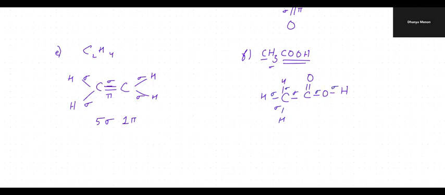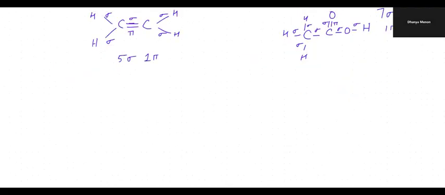Double bond means one is a sigma and one is a pi bond. So how many sigma bonds are there? 1, 2, 3, 4, 5, 6, 7. 7 sigma and 1 pi bond. Okay. So this is how you count the number of sigma and pi bonds.